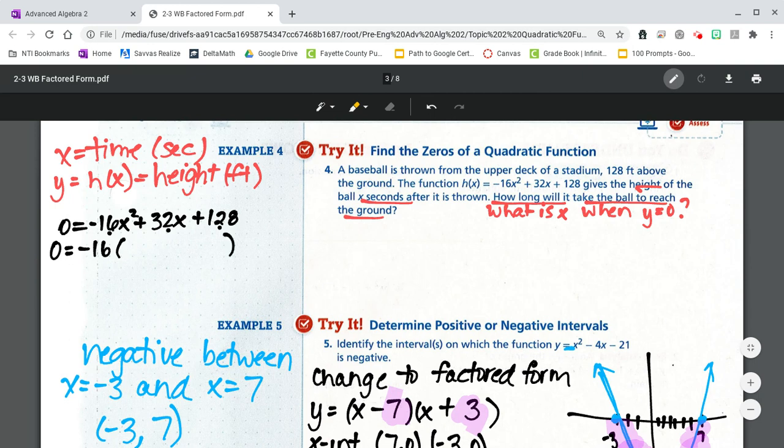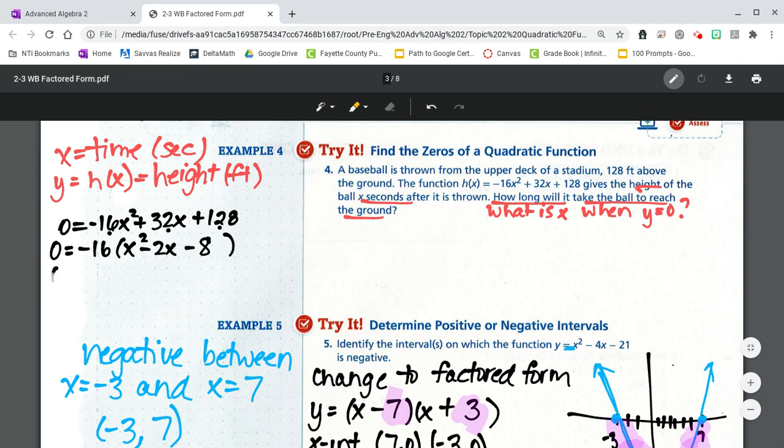When I divide all three by negative 16, negative 16x squared divided by negative 16 is x squared. 32x divided by negative 16 is negative 2x. And 128 divided by negative 16 is negative 8.